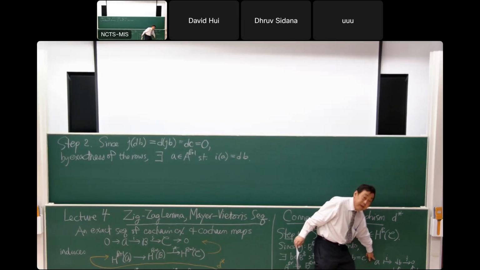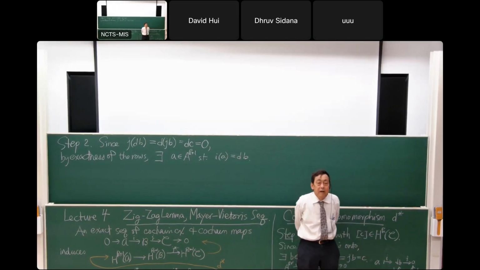So I find this a. Now, is this a unique? Is there only one such a, or can there be many a's?